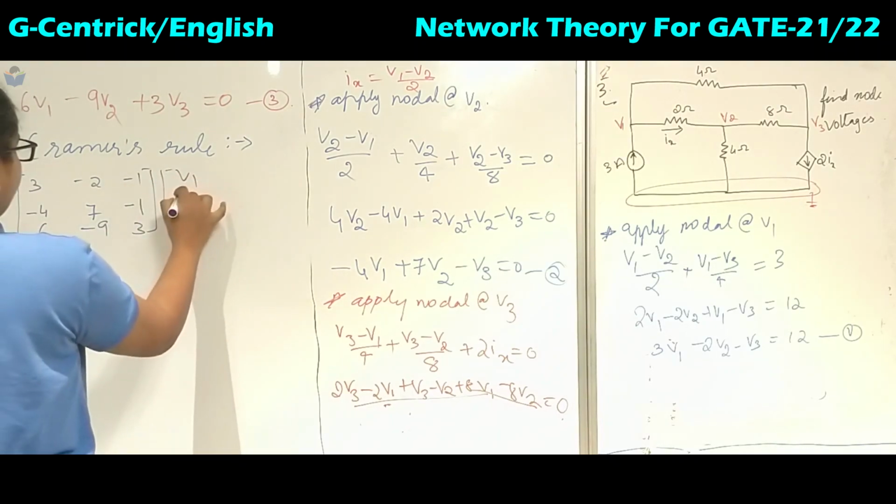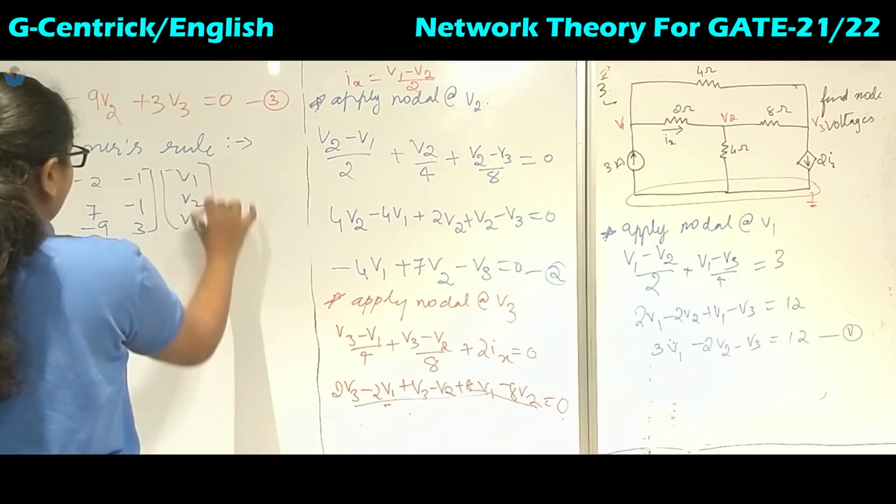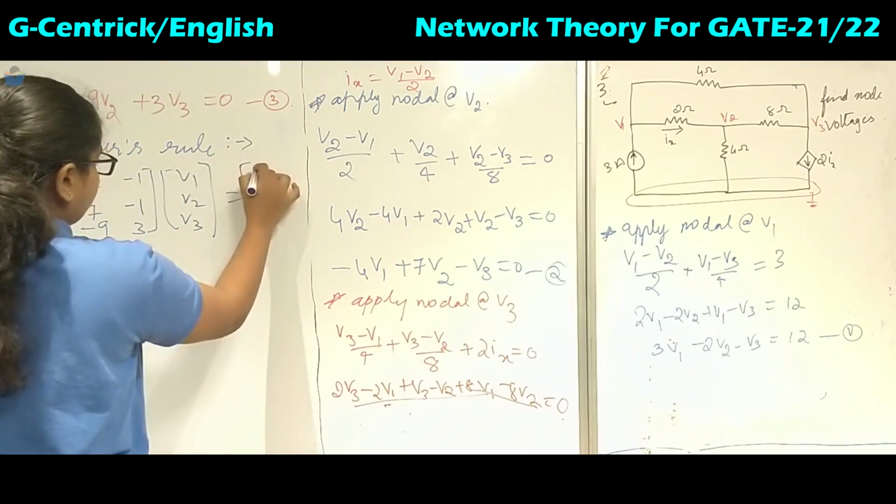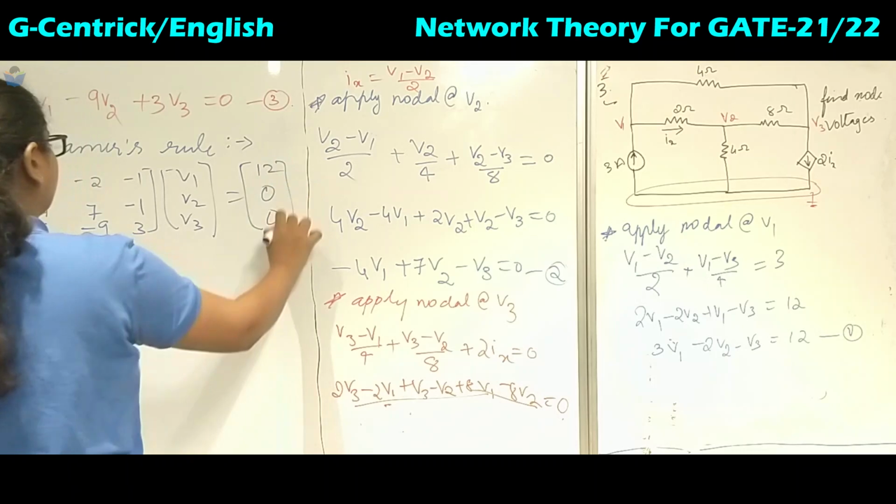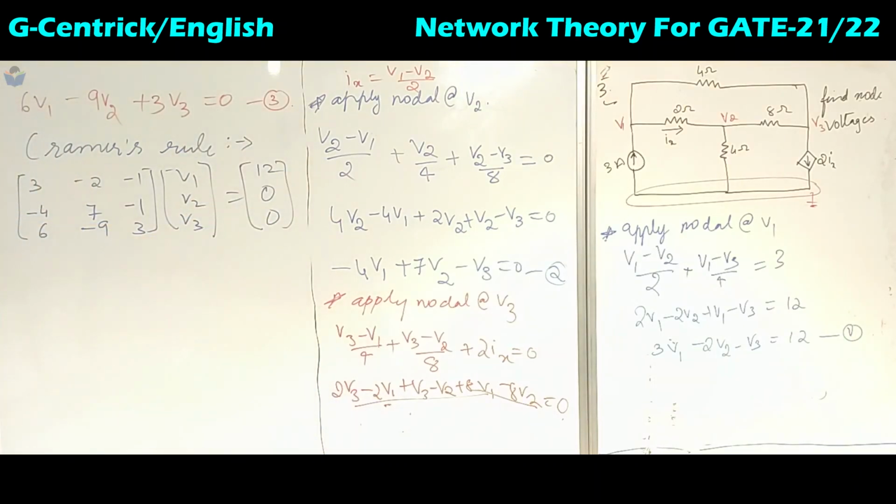This is V1, V2, V3, and the equation is equal to 12, 0, 0 on the right hand side.